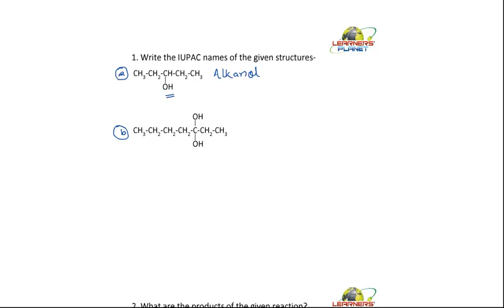right? But as your hydroxyl group is not present in the terminal position, what is required is you need to tell the position also. Now let's see how many carbon atoms are there. 1, 2, 3, 4 and 5. The rule is that your substituent, the carbon atom with the substituent should get the least number, right?